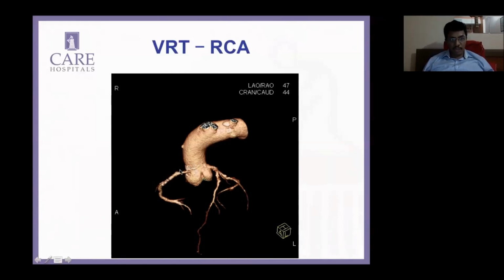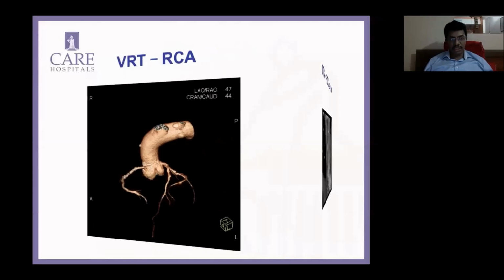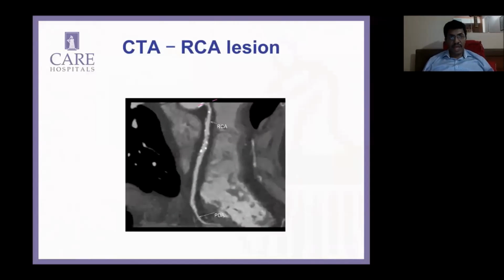And I would like you to have a look at this portion, that is the RCA ostium. And we're going to get you more pictures. So this patient apparently had only possibly a PDA graft, and the LIMA, RIMA still are not connected. They're ungrafted. And this is the RCA ostium.